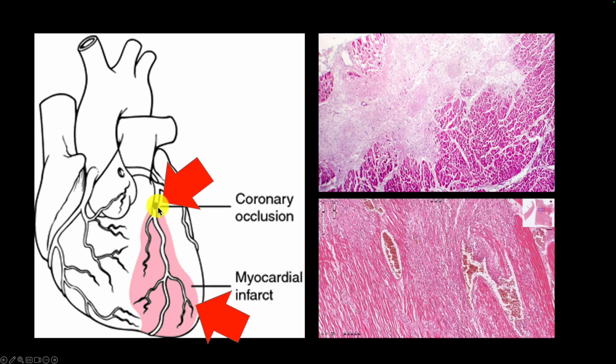We can see that when there is a blockage and we do have an infarction, this tissue, these myocardiocytes, will be severely damaged. And I showed you a picture here showing you what that damage looks like. You can see some healthy myocardial cells here, and then we can see where the autophagy and the necrosis and the apoptosis is occurring in the heart muscle cells.